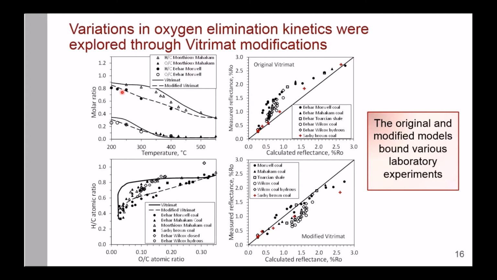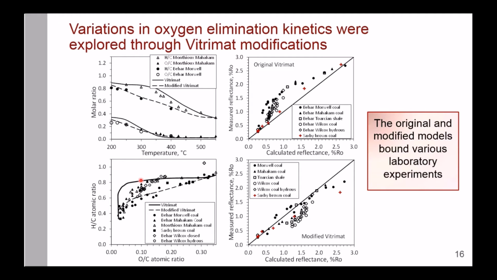You can see an earlier elimination of hydrogen and oxygen from the Morwell coal experiments. And if you cross-plot these things on a Van Krevelen diagram, the Morwell coal comes down here, and Monthioux's goes here.